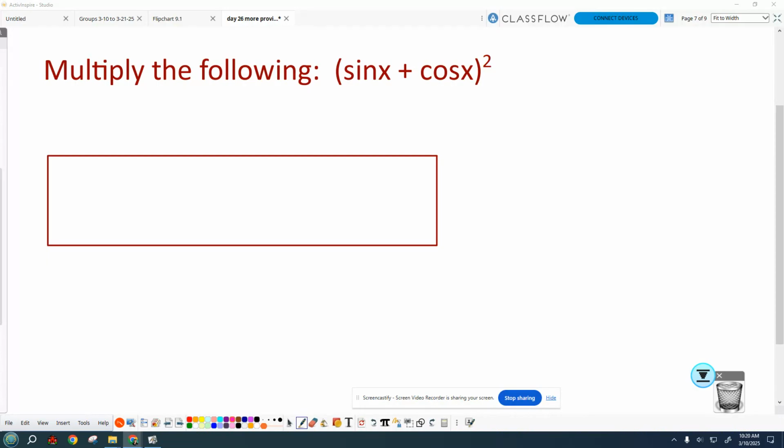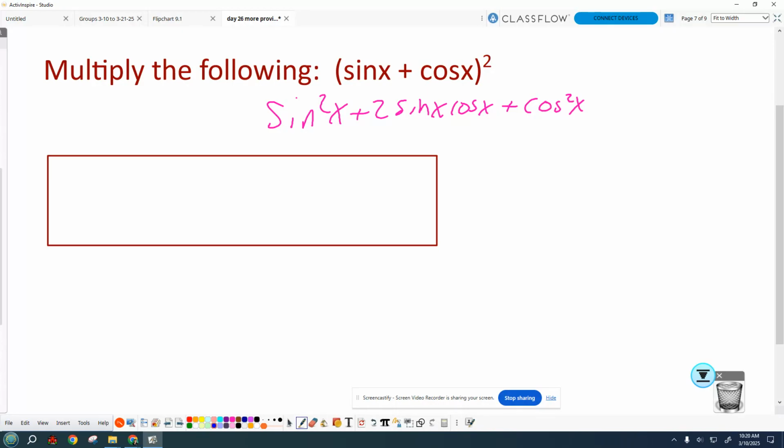Sine squared x plus 2 sine x cosine x plus cosine squared x. So I hear this, which is pretty much the pattern that Galila told us during the warm-up. Is there anything else that I can do, or is it done? Oh, wait.